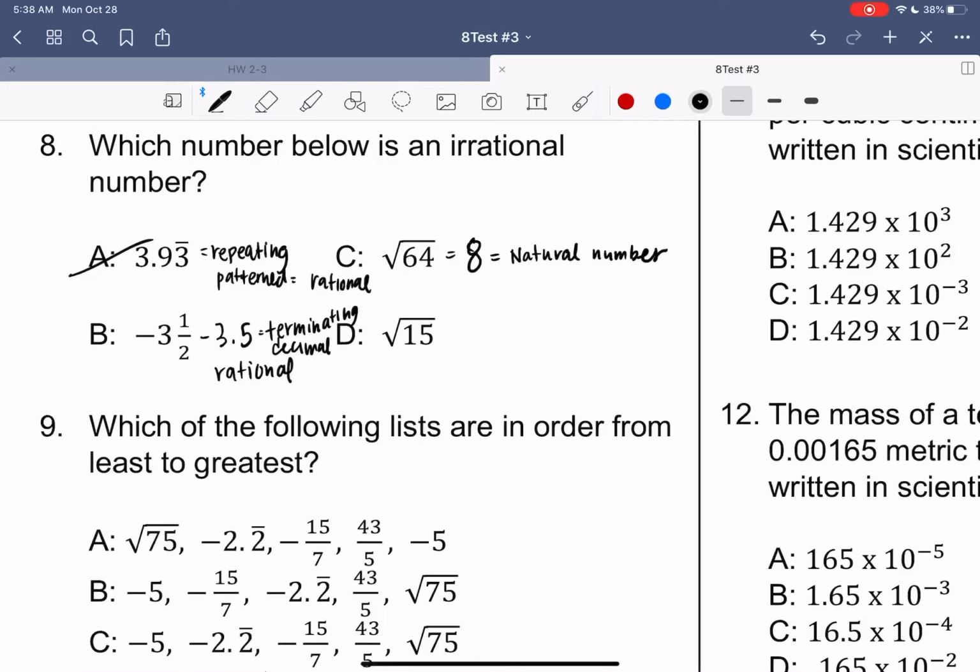When we take the square root of 15, it's 3.8729833463207, and it just keeps going. So this is non-terminating, non-pattern. And so our answer is D.